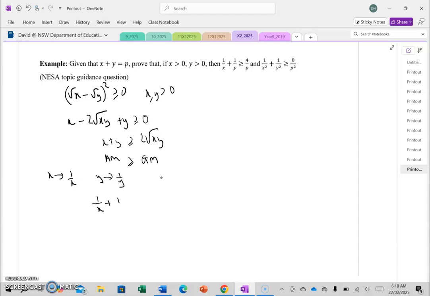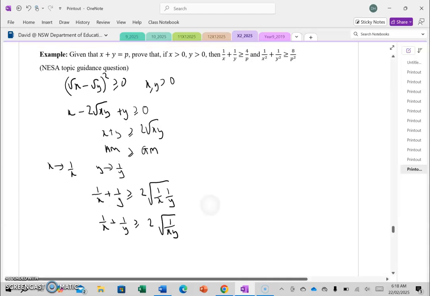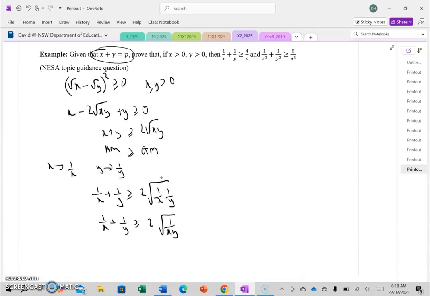We get 1 on x plus 1 on y greater than or equal to 2 square root of (1 on x, 1 on y). Now that is not what they've given us. What they've given us is x plus y is equal to p.